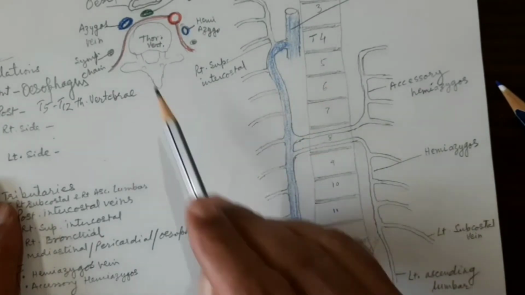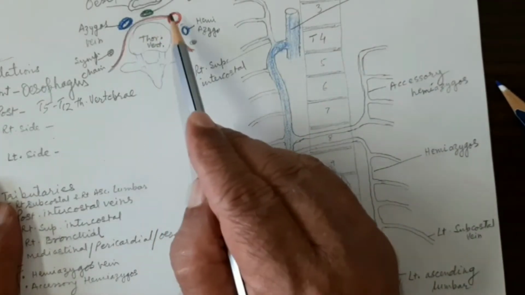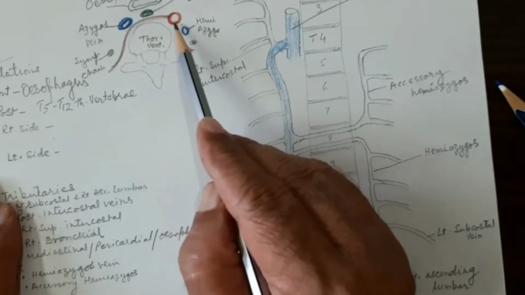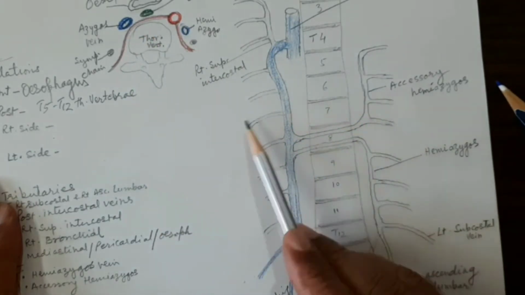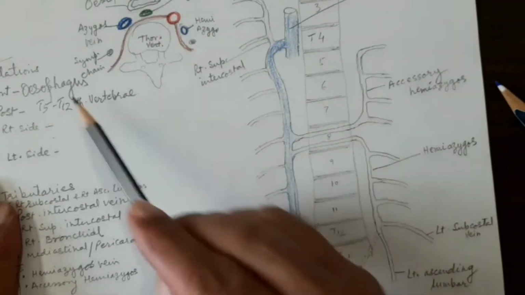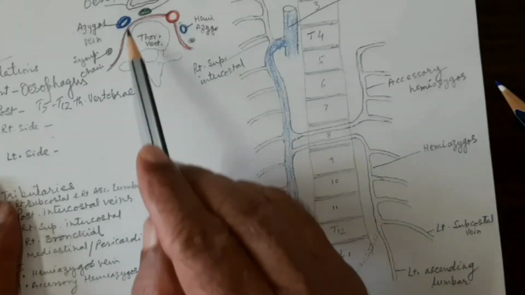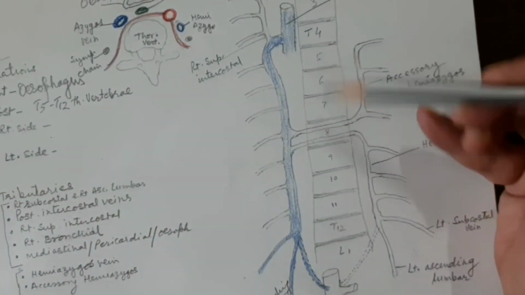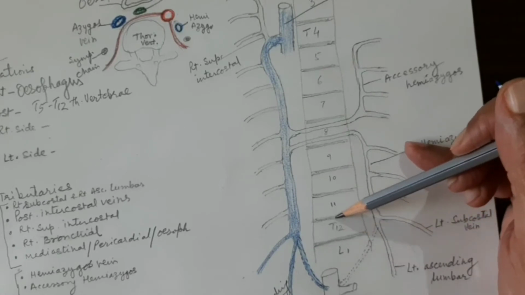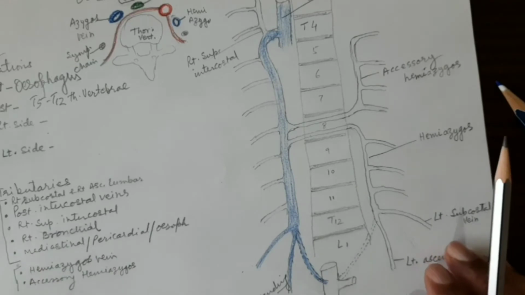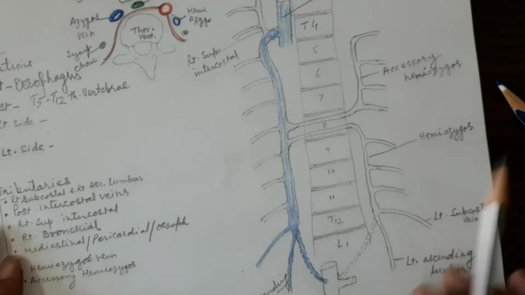Then it will be in relation to the right intercostal arteries, which are crossing the vertebral column. From here the intercostal arteries will be crossing to the right side, and these intercostal arteries between T5 and T11 will be crossing it, lying on its posterior aspect.